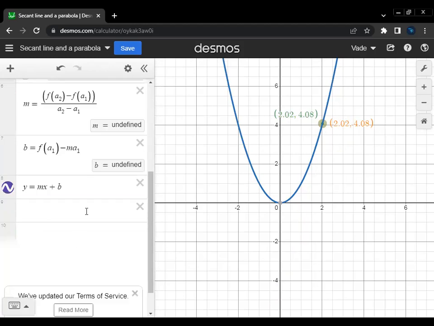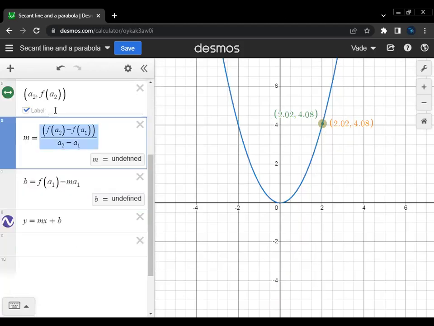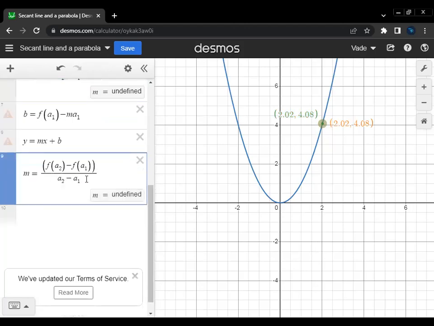Let me type it here so that you won't be confused. Let's say this is the first point and this is the second point. The coordinates of the yellow point are 2.02, 4.08. The coordinates of the green point are 2.02, 4.08. The second point is the green point, and the first point is the yellow.